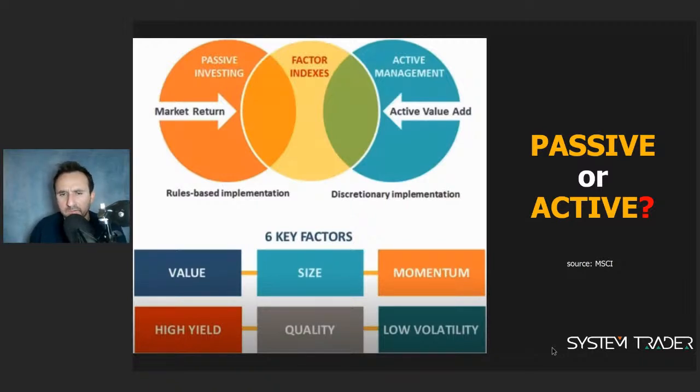And there are multiple different factors like value, size, momentum, high yield, quality, low volatility. Just to quickly tell you, for example, value means that we are filtering those companies which are meeting some fundamental criteria, like, for example, price to book, price to earnings. Size, for example, we are only filtering on those companies which are smaller, so-called small cap companies.